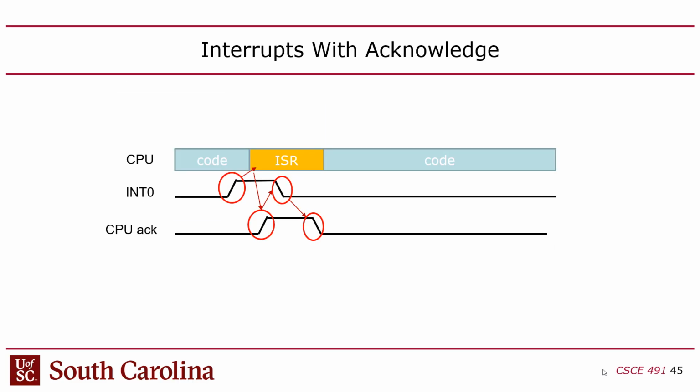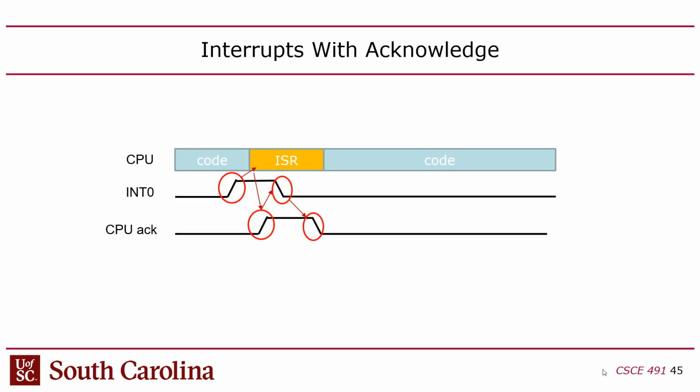So how do you fix that? Well, you have to introduce a handshaking signal. This depends on the CPU, but you can have an acknowledgement signal that goes from the CPU back to the peripheral that generates the interrupt. That way you can introduce a handshaking protocol where, when the peripheral issues an interrupt, it holds that interrupt line high until the CPU acknowledges it, which it will know from the acknowledge signal going high, right?